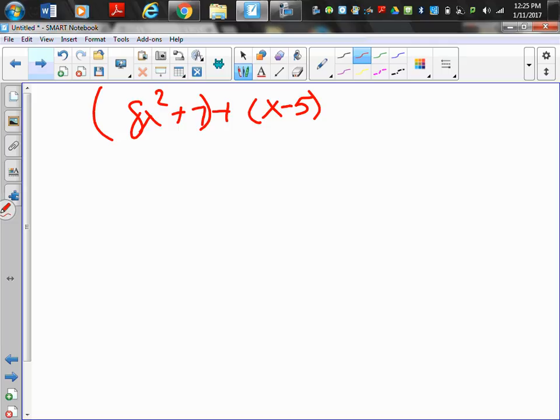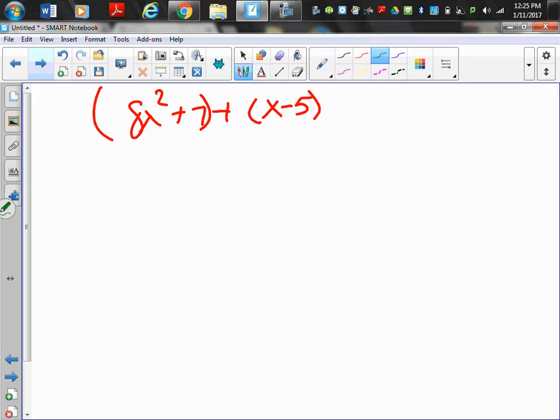So again, first thing I'm going to do is write down the first one. We know it has to be in order, so we know it has to be x squared, x, then a number. So I have 8x squared plus, how many x's? 0. Plus 7. All right, let me rewrite that.